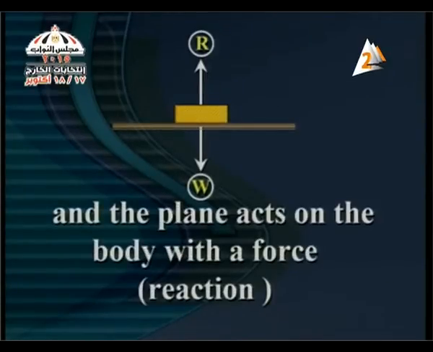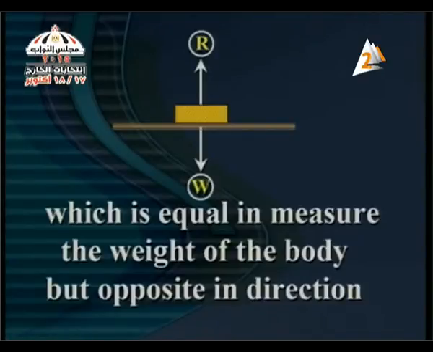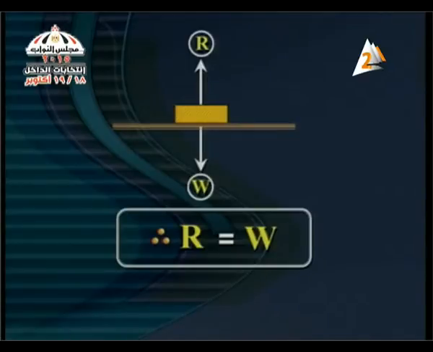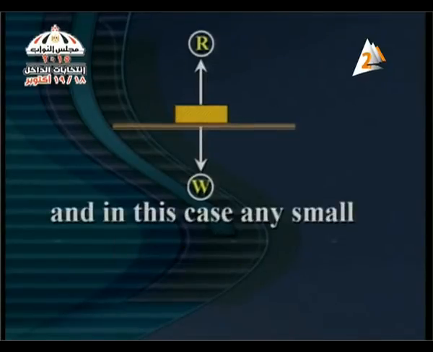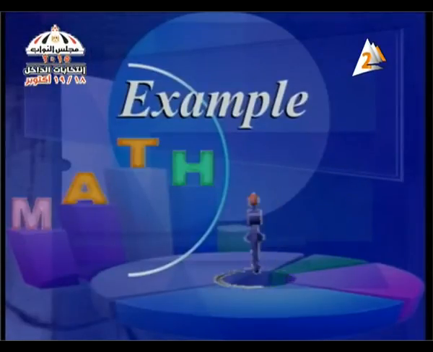And the plane acts on the body with a force, which is the reaction, which is equal in measure to the weight of the body but opposite in direction. Therefore, R equals W. And in this case, any small force not vertical makes the body move on the plane. Let's go to another example.